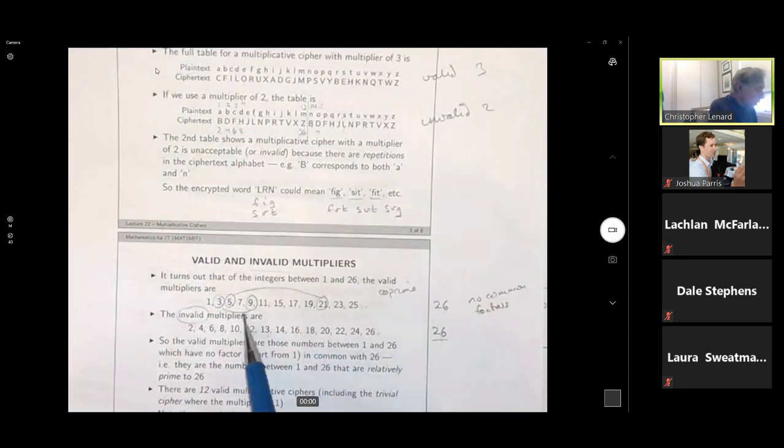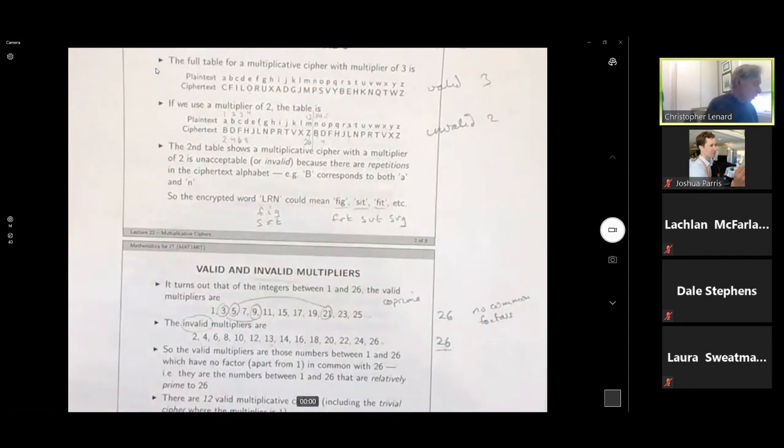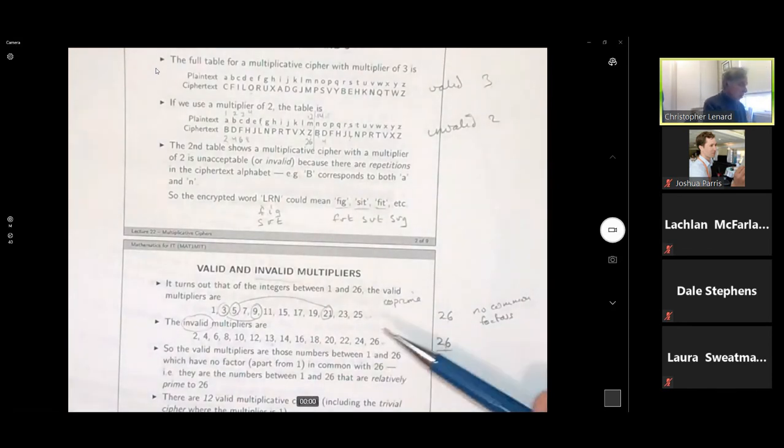Next time around, we'll see what are the other inverses of these others. There's nothing which you can multiply by 12 to give you 1. There's nothing you can multiply by 2 to give you 1. So these numbers don't have inverses. These numbers do. All right.